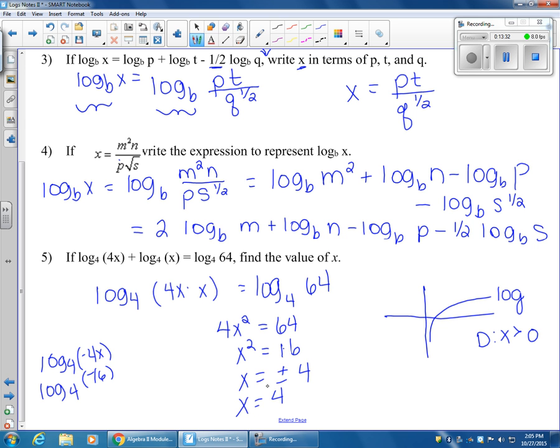You're looking to see if that answer, once I plug it back into the original, causes me to take the log of a negative number or 0. And if it does, it's not a solution. So even if it works for one part, let's say it worked for this, but it didn't work for this, if it doesn't work for one part, then it's not a solution and you can't use that as an answer. So our only answer for this one is x equals 4.